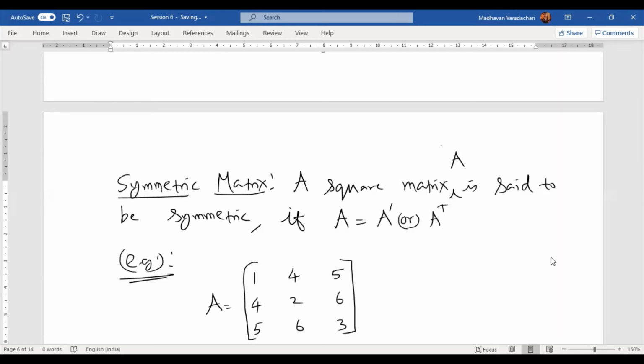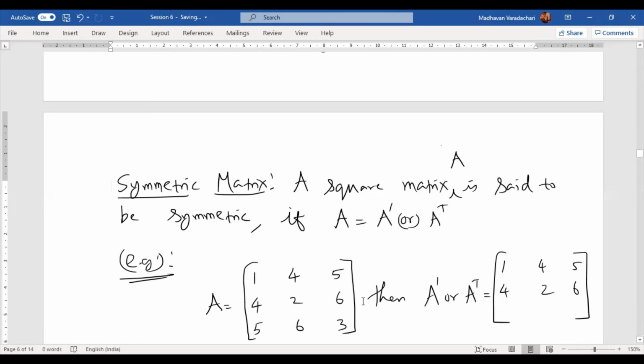Then let us see what will be A dash or A transpose. So 1, 4, 5, which is in the first column, I need to write it in the row. Then second column 4, 2, 6, I need to write it in the row.